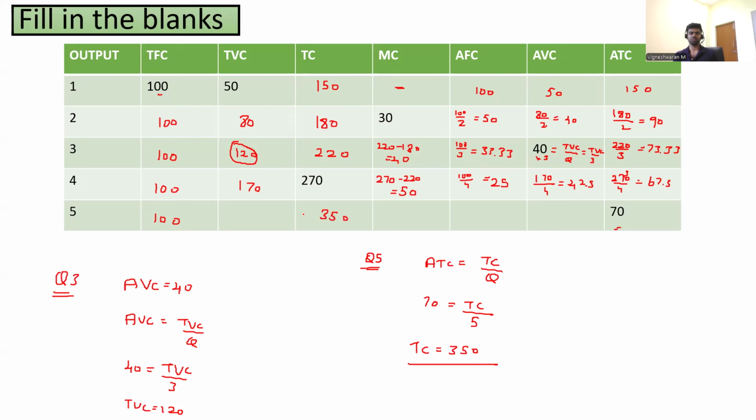If total cost is 350 and fixed is 100, then variable cost will be 250. Marginal cost is what? 350 minus 270, that is 80. So average fixed cost is 100 by 5, that is 20. Average variable cost is 250 by 5, that is 50.